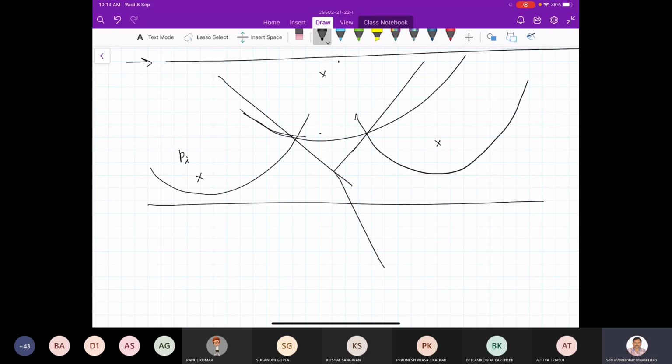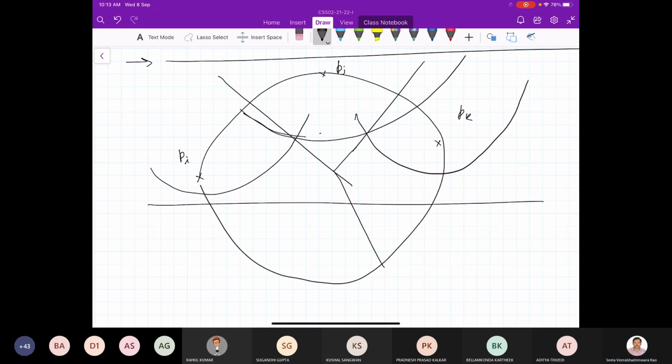Suppose you call them PI, PJ, PK. The circle here passes through these three sites. When the sweep line is tangent at this juncture, the middle parabola vanishes, becoming smaller and smaller, becomes a point and vanishes. As of now, when the sweep line is here, it is a valid circle event.